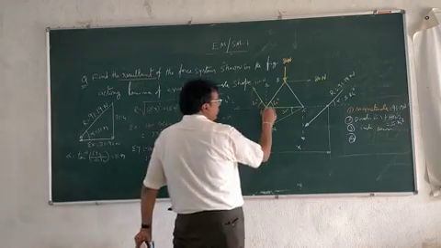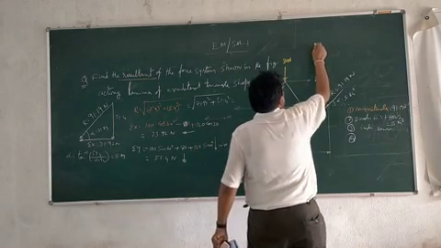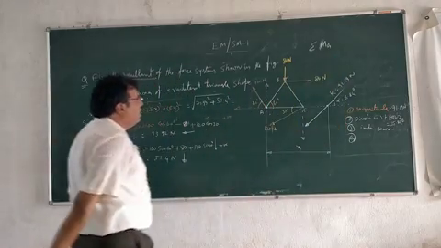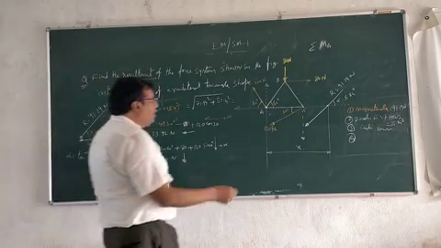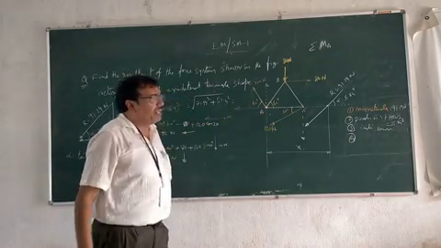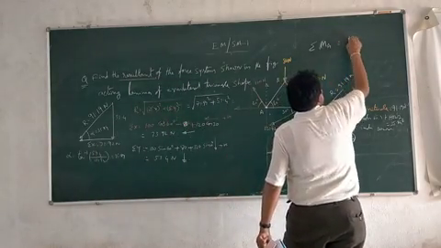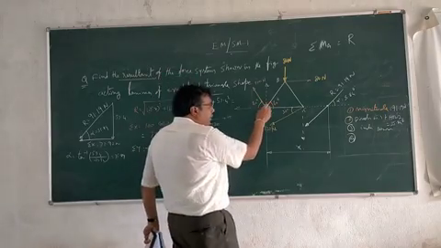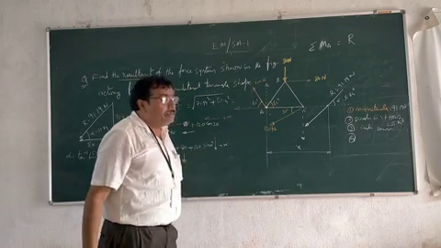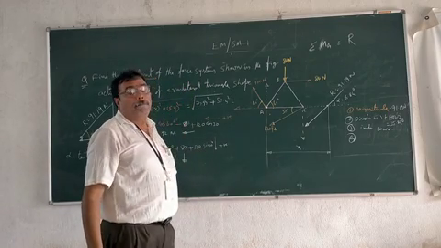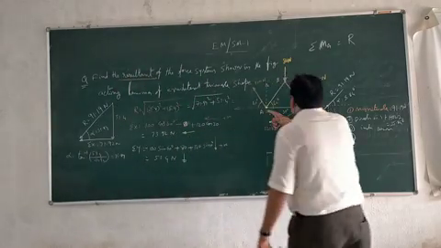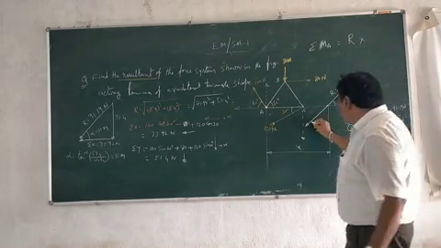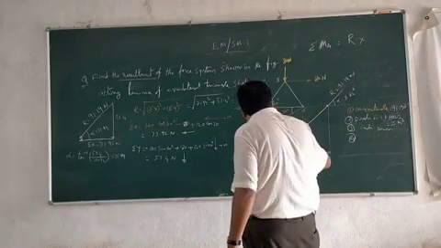Moment center I am taking A. Sigma MA, moments of all forces acting on the member with respect to point A, it is also the value on the same plane equal to moments of resultant with respect to the same moment center, that is R, a resultant, into D. Perpendicular distance we should determine.